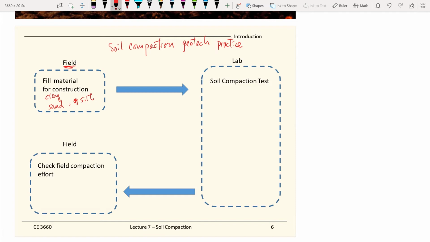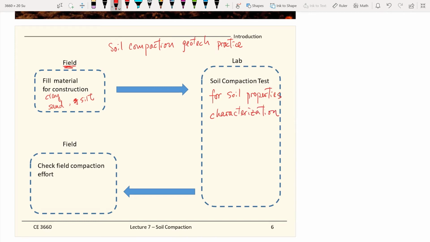First you have the material, then you ship it to the lab, where you perform what we call the soil compaction test. The purpose is to get the soil properties mainly related to the compaction behavior and compaction performance of the material. You get the soil property characterization in the lab.